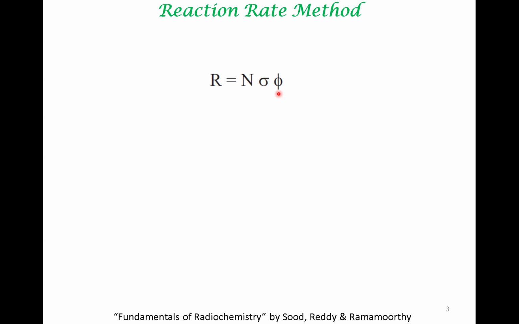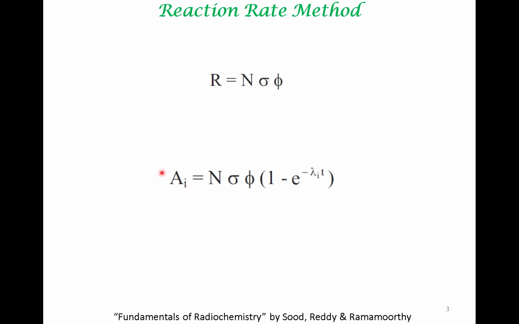The product is radioactive. How this experiment is done is the activity is measured after some time t. So A is the activity after some time t. During that time, the product would have decayed. So this accounts for the decay of the product, that is the radioactivity of the product.